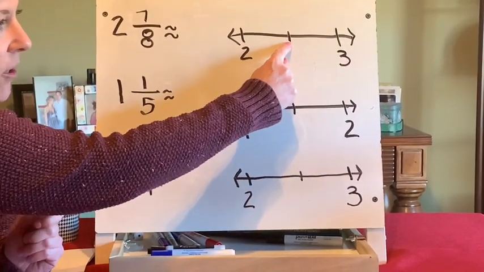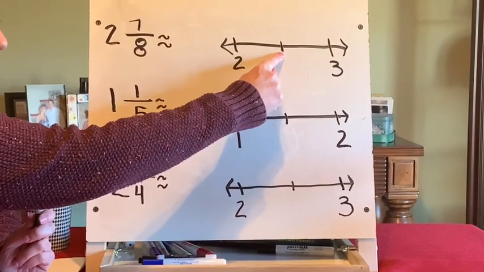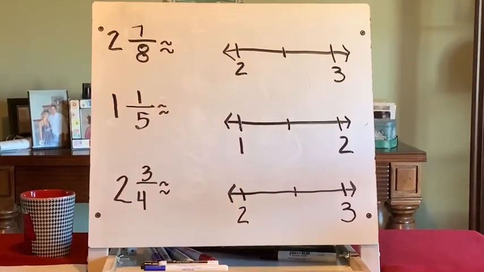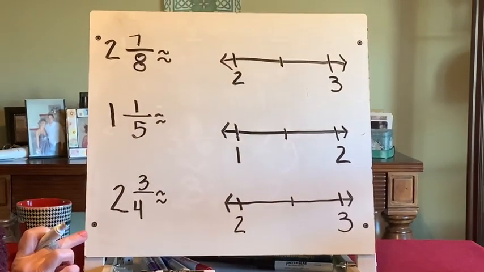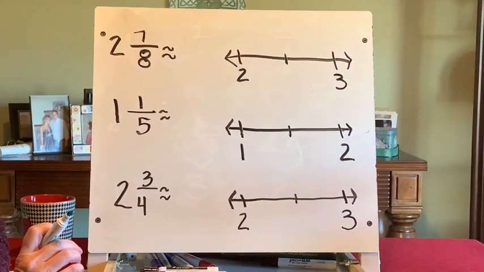And you're going to notice I already have my half in there. And I'm asking, about where would 2 7/8 be?